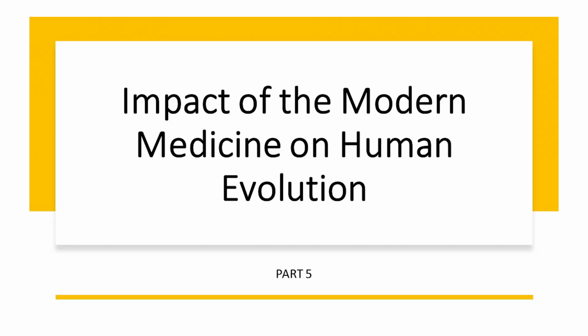You would have read it in your 7th, 8th, 9th classes, Darwin's theory of evolution, wherein nature has taken this into consideration: whatever is not fit to survive should die. But with modern medicine, when you are allowing everybody to survive, what is happening to this natural selection process? You are allowing those people who are not fit to survive also to survive. So let's look in the next few slides at how modern medicine impacts evolution.